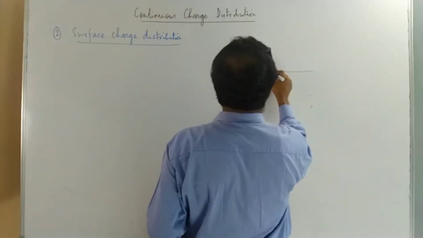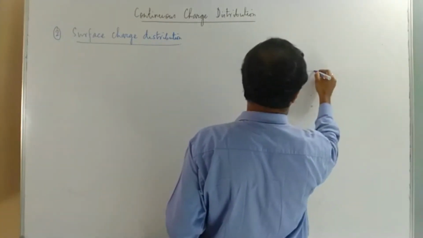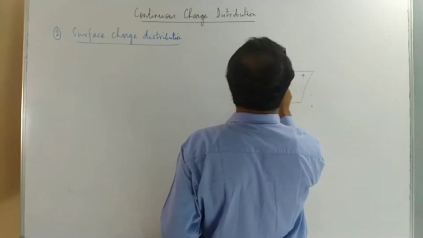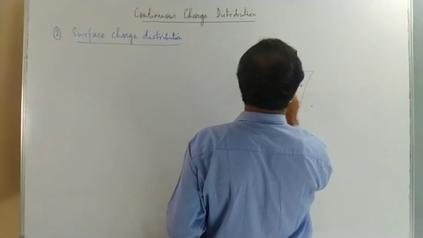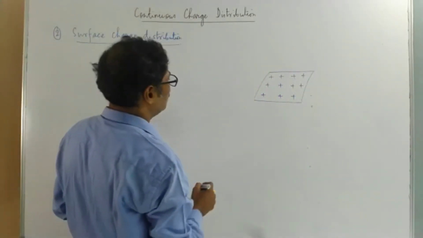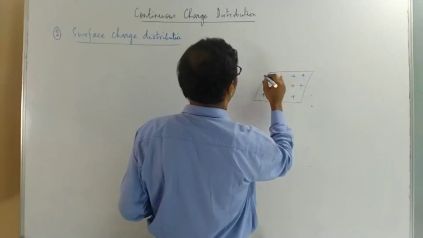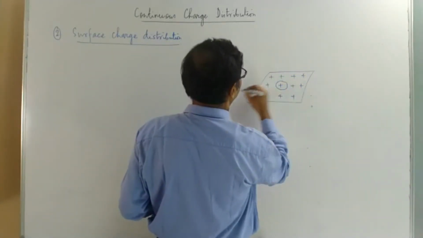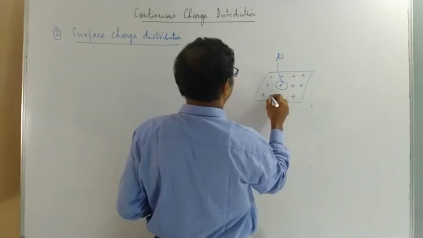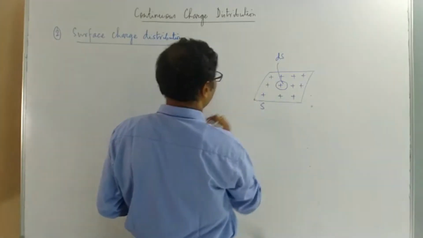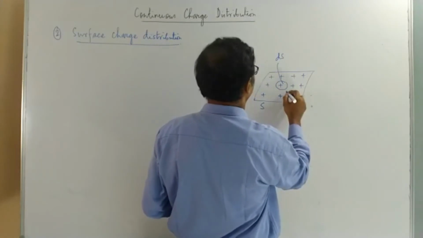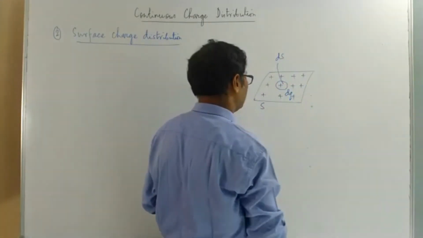We consider a surface over which charge is distributed. Now we consider a small portion of this surface, let it be ds, and this entire surface may be represented by S. This ds contains dq amount of charge.